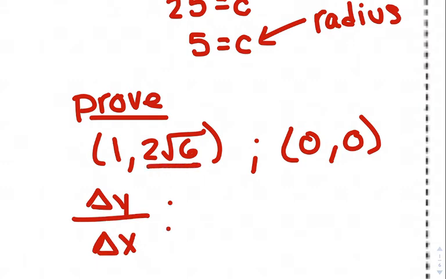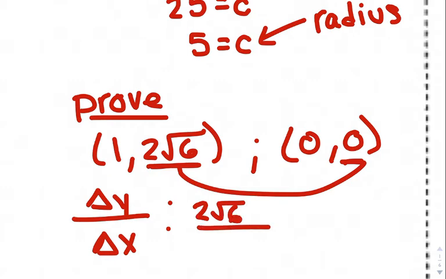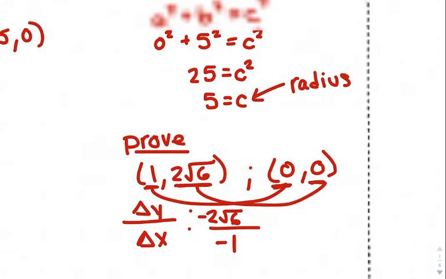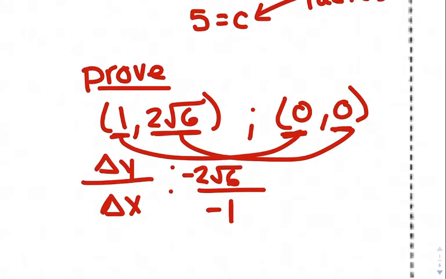To go from 2 radical 6 to 0 would be -2 radical 6. To go from 1 to 0 would be -1. So we're looking at where we're going.